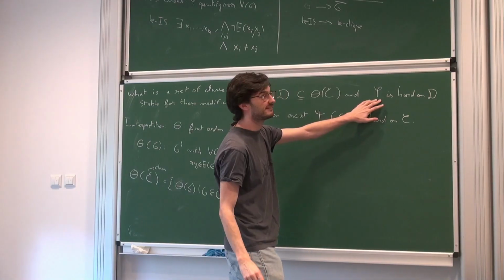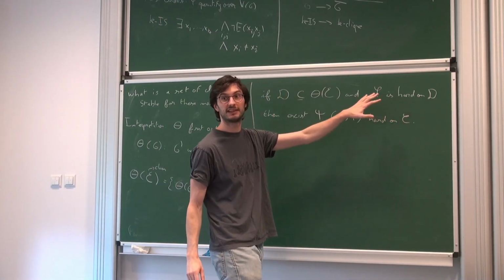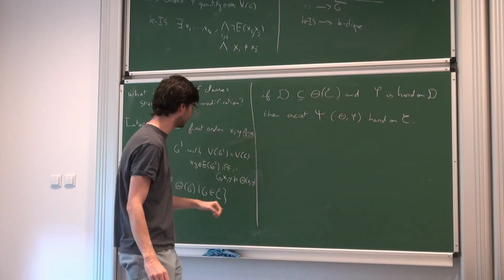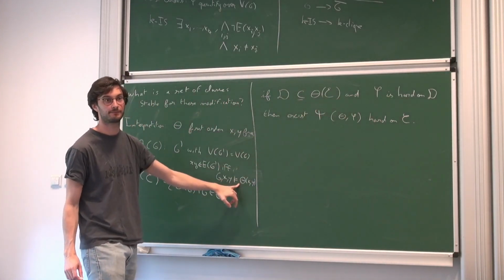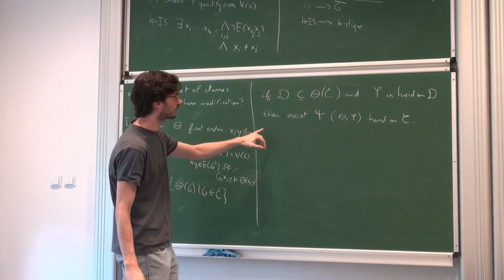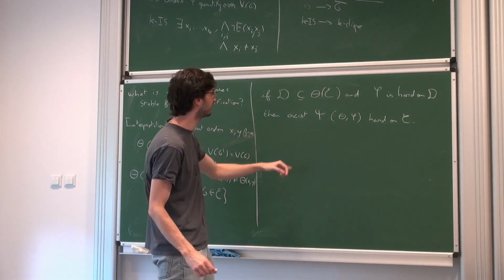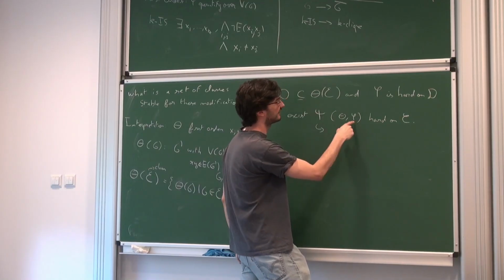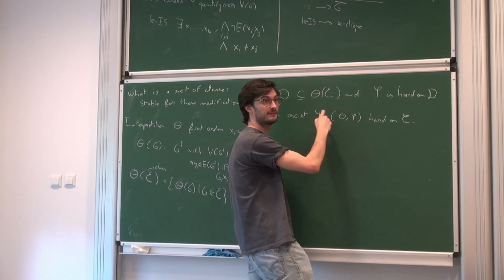The intuition is not too hard. We can take the formula phi that is hard on D, but each edge of D is defined by the realization of theta in a graph of C. So to find psi, you just substitute in phi the relation E by the relation theta.